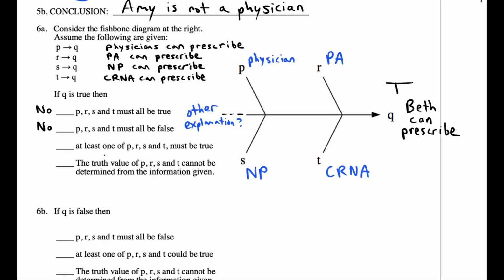Must it be that at least one of P, R, S, and T have to be true? One thing we can never forget about in these diagrams is this: other explanation. Nobody said it was an exhaustive list. Those might not be the only 4 things that lead to Q. Q could be occurring because of some other cause.